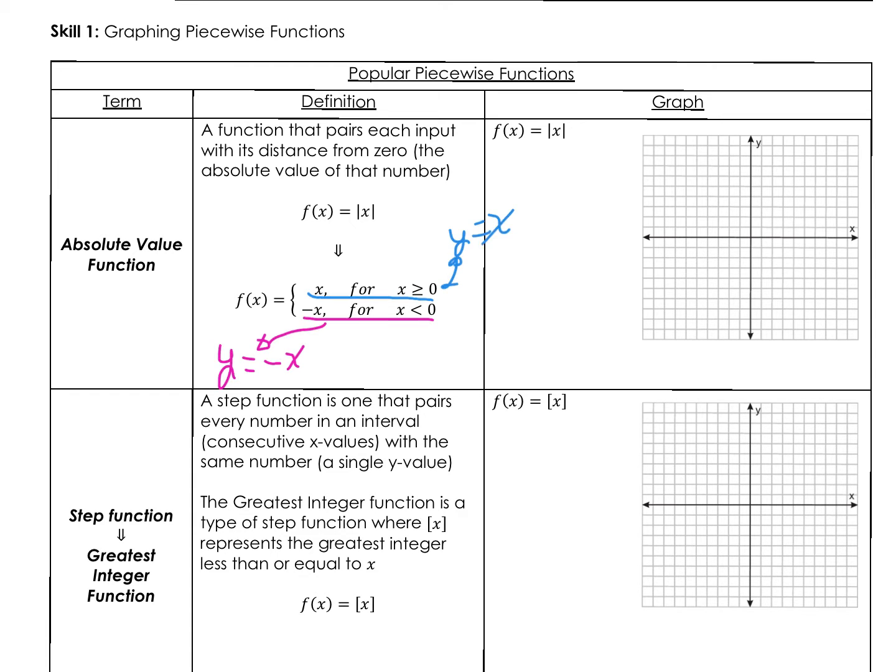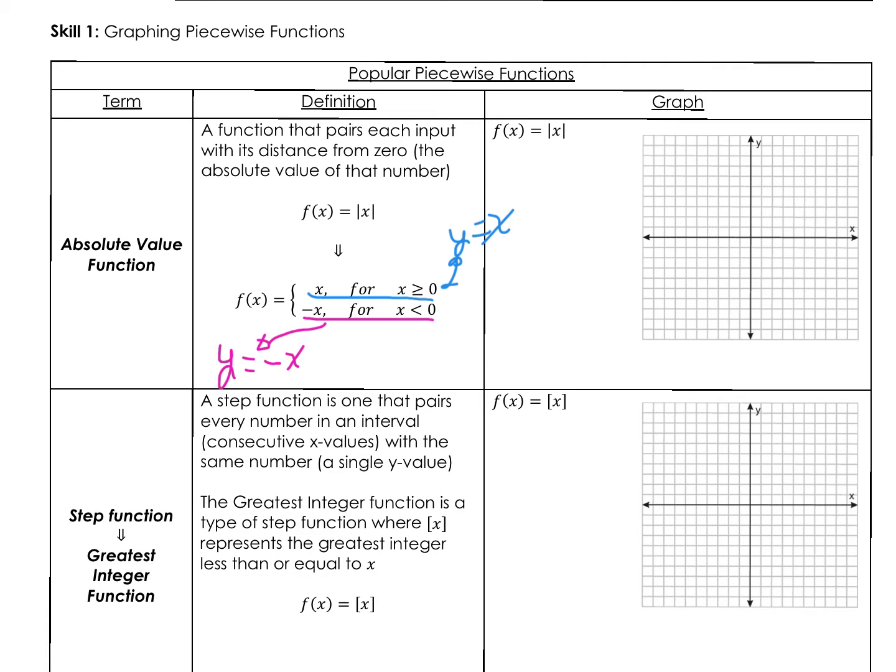Because remember, f of x is y, so y equals x or y equals negative x. We're only going to graph values for x that are greater than or equal to 0. So I'm going to start with the y equals x, and our starting value here is 0. And because it's equal to, 0 is included in our domain because remember x is our domain.